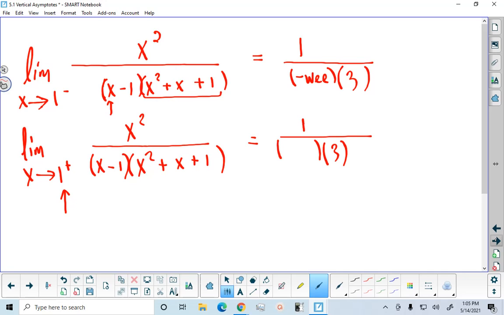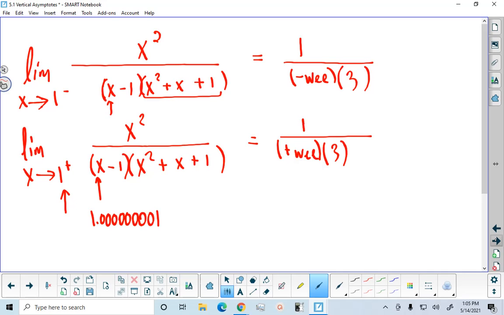Over here, if you put in a number like 1.0000000001, you are also going to get a very tiny number, but it will be positive. Now we need to talk briefly about what I mean by a very tiny number.